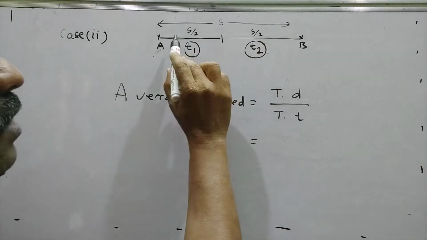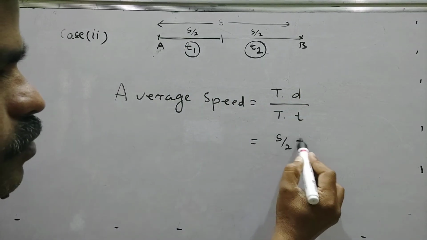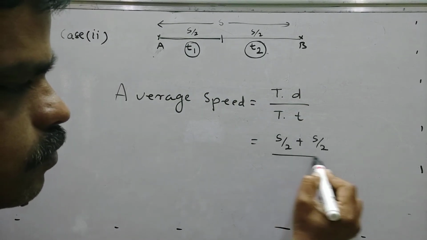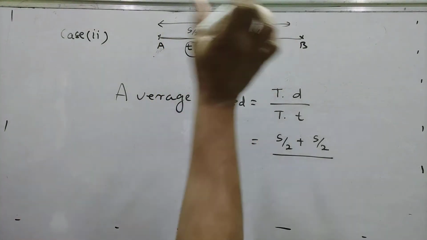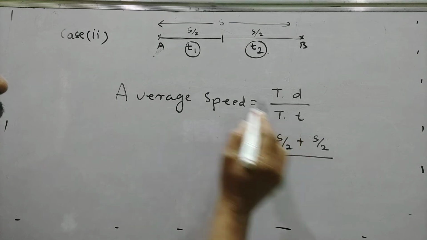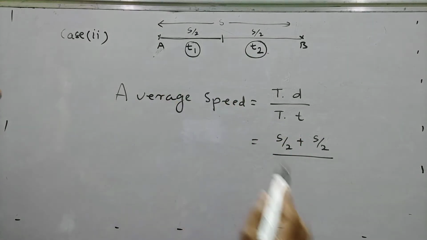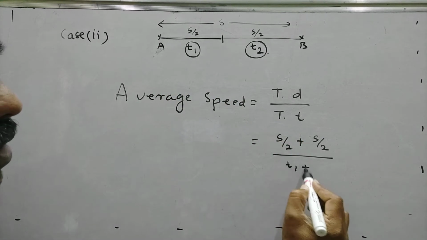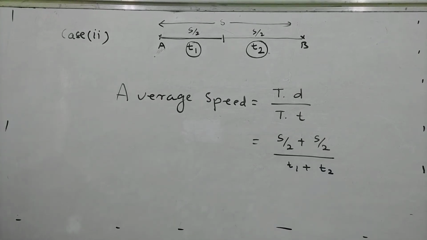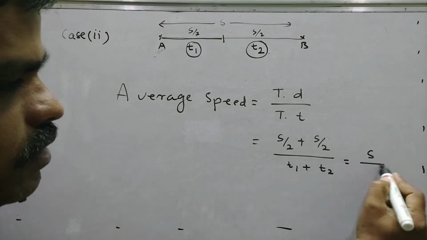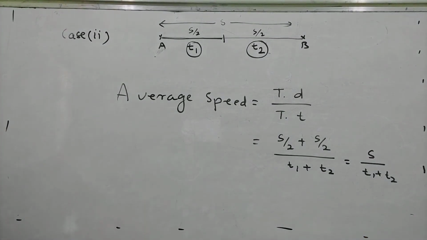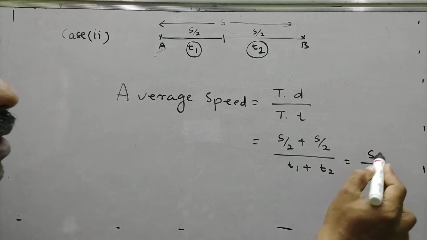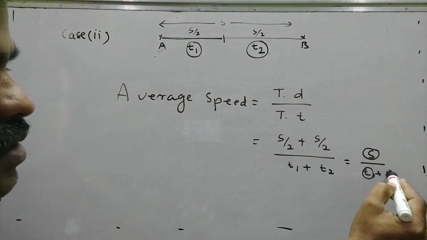Here the total distance is S by 2 plus S by 2, that is S, the first half distance and second half distance. The total time is T1 plus T2. So the average speed is S by T1 plus T2. This is a simple case: simply total distance by total time taken.